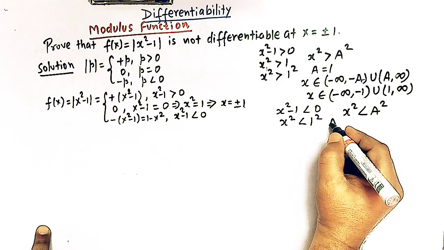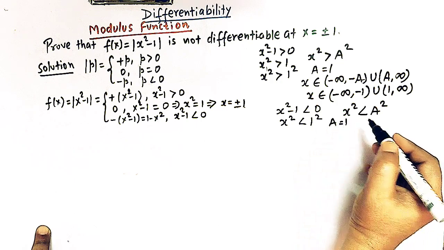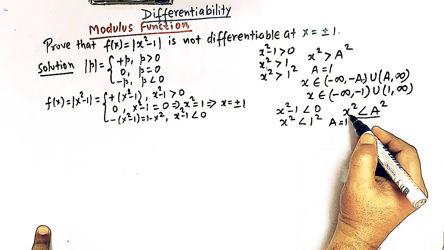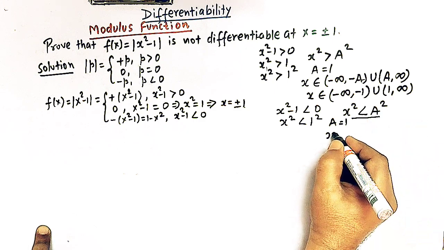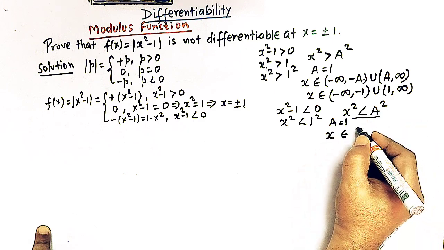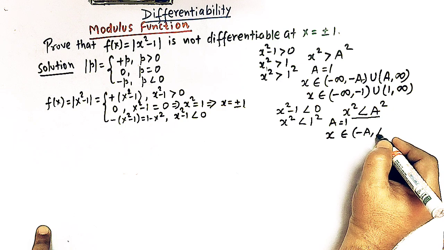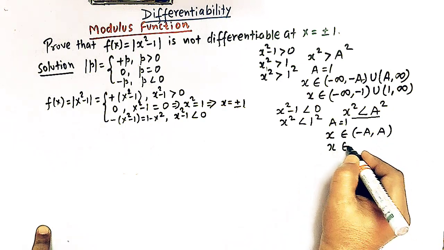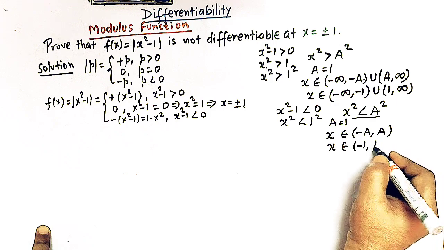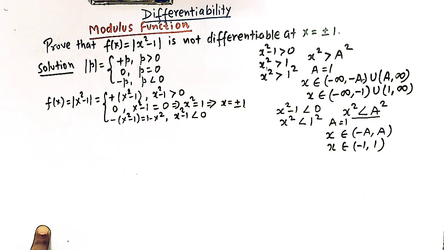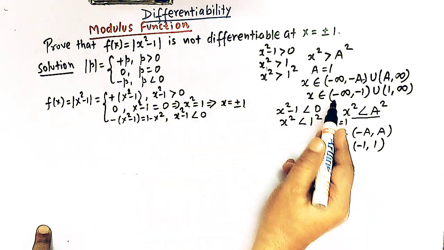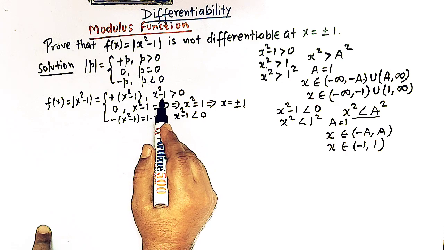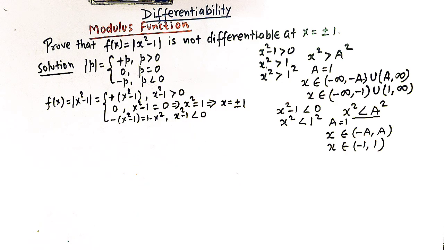Now again a is equal to 1, and the solution of these kind of inequalities is given by x belonging to minus a to a, right? So here we have x belonging to minus 1 to 1, right? So these are the solutions of these two inequalities.